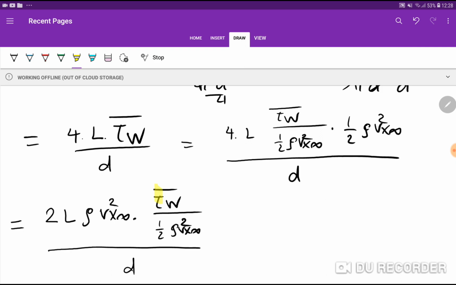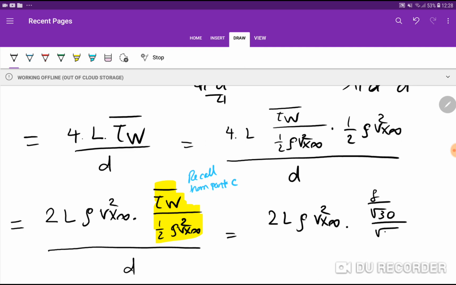So we have this term already, y'all recall. Let me write. Recall from part C. So we get 2L rho Vx infinity squared times 8 over square root of 30 over square root of Re_L, over D.